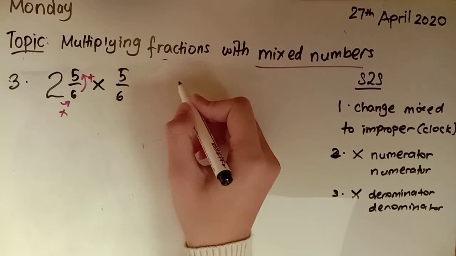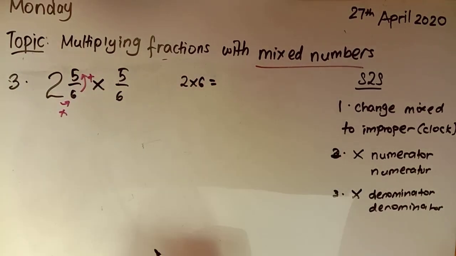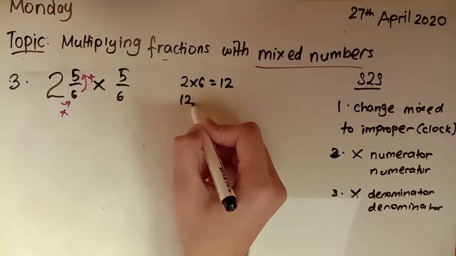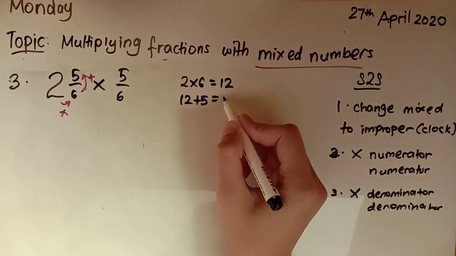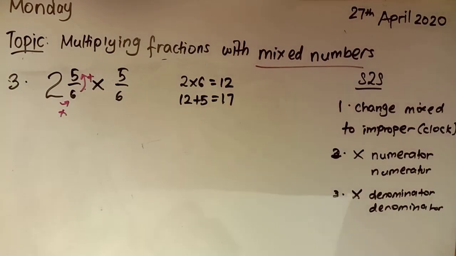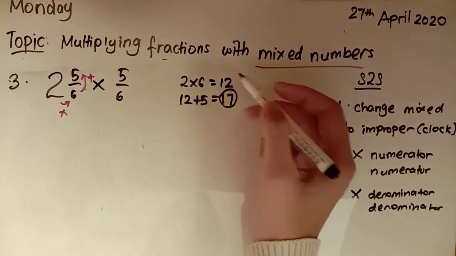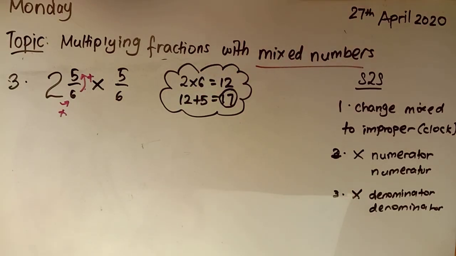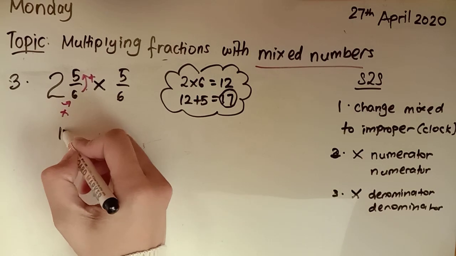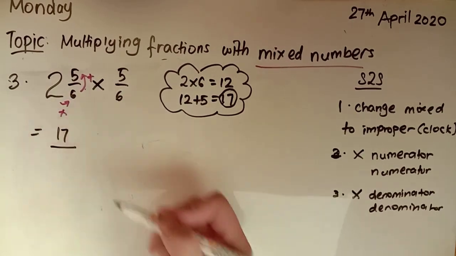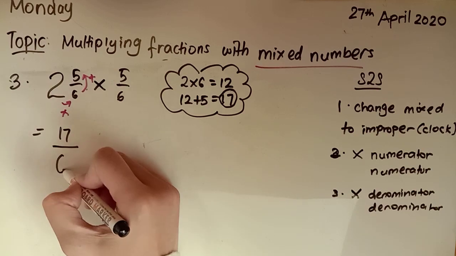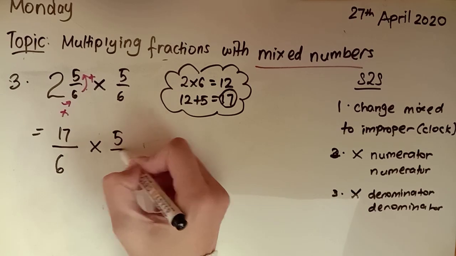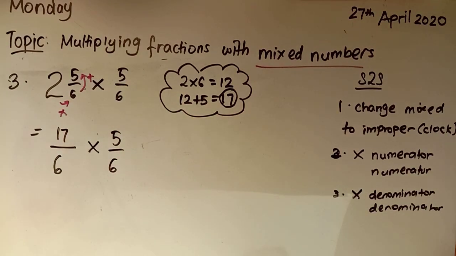So 2 times 6 equal to 12. 12 plus 5 equal to 17. Okay, so circle 17. Make clouds around them so that I know you're doing your working. Then this becomes 17 over, what's the denominator? 6. Okay. Bawah ni turun ke bawah times 5 over 6. Okay.